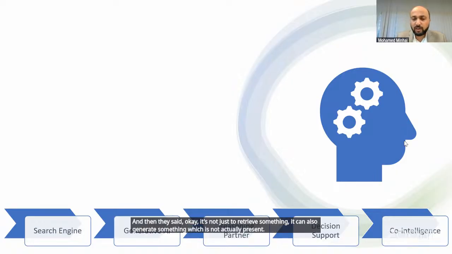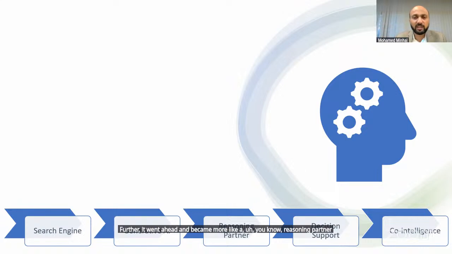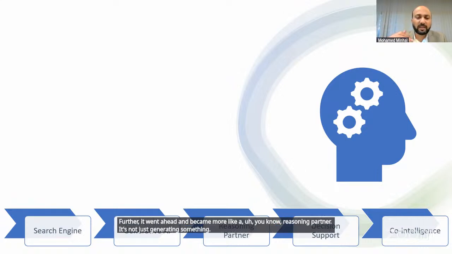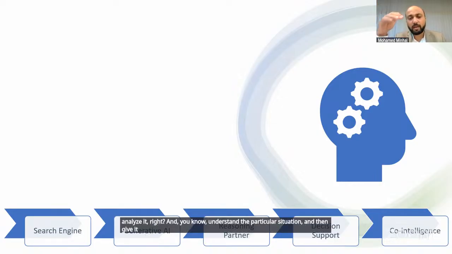Further, it went ahead and became more like a reasoning partner. It's not just generating something. We are passing the responsibility back to the tool to analyze and understand the particular situation and then give insights.